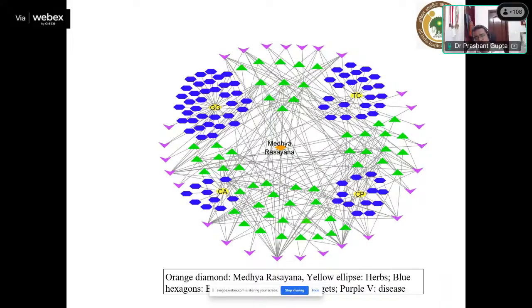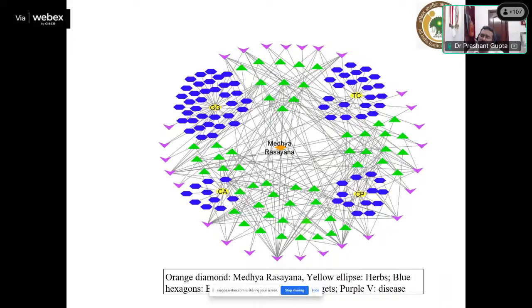It is not by chance, by choice, or just by dreaming that these four, Karkat Shringi and the others, are in Balachaturabhadra. It is not a single day's dream of an acharya. There is a synergy among these herbs, and this synergy can be predicted by network pharmacology.